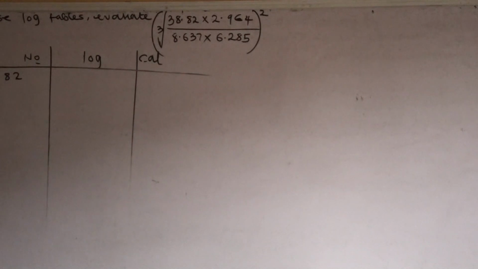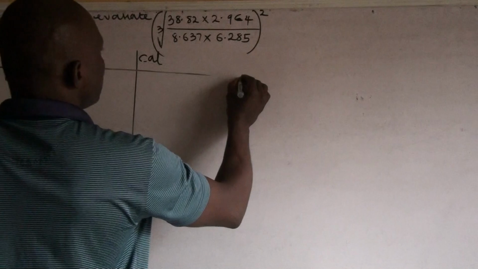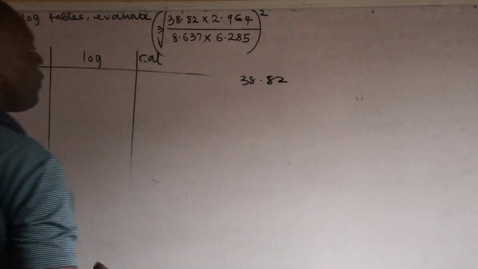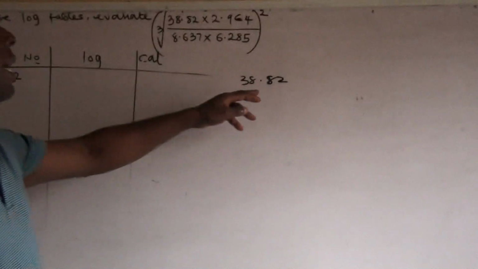38.82, and here we have to look at the logarithm table. The first thing you do is look at your characteristic. So for the characteristic of 38.82, first of all you express this number in standard form.